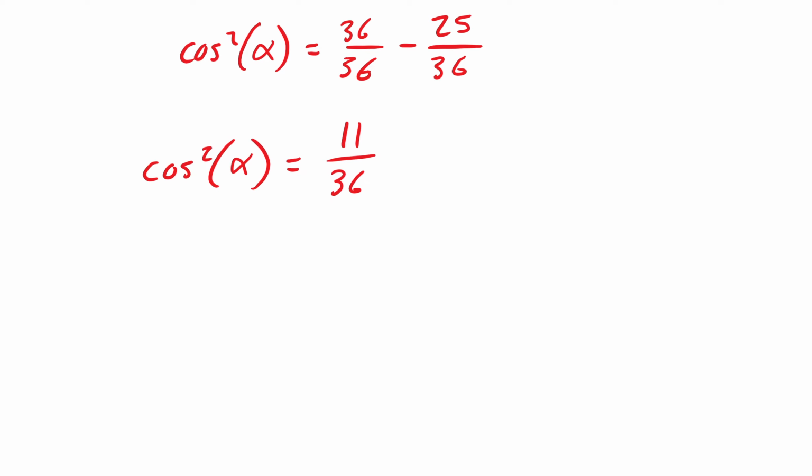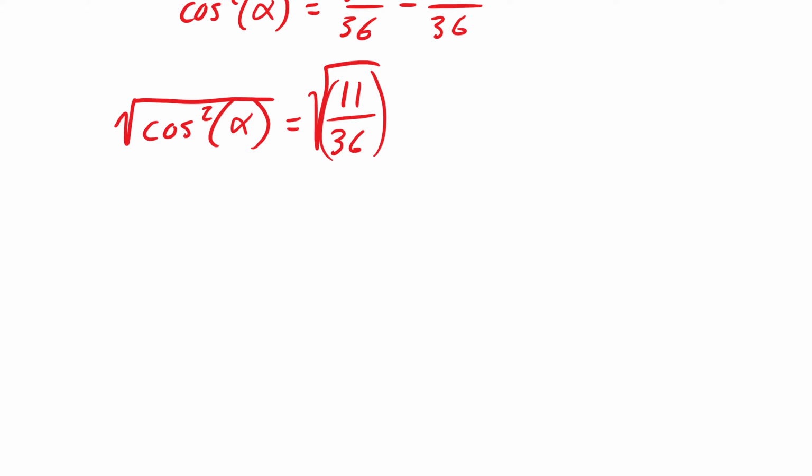Boom, but we also have to get rid of the square. So let's find the square root of both these things. The root of cosine squared is cosine. And as we know, for fractions, we have to do it to both the numerator and denominator.